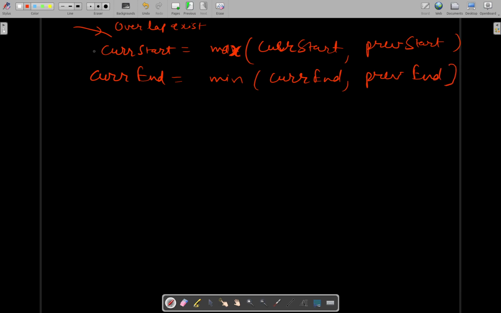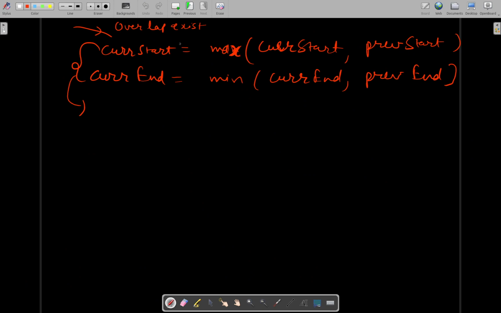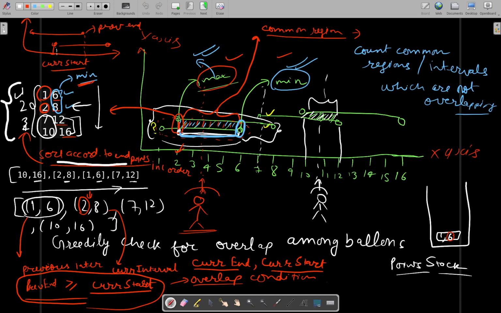So what these two operations will give us is the common region. This region will be given to us with the help of these two operations. Once you have this common region, and overlap is no longer existing or your stack has become empty, either of these two conditions, then since there was an overlap, you will pop it out of the stack.